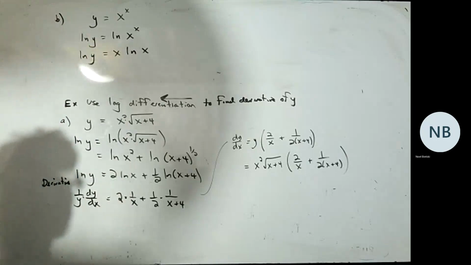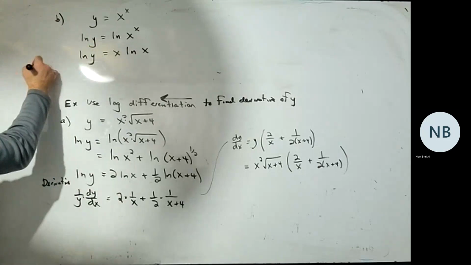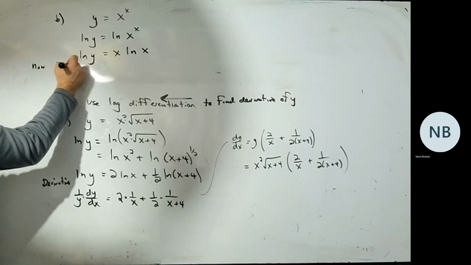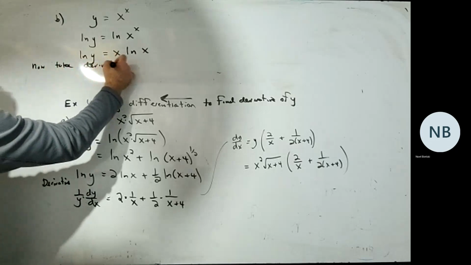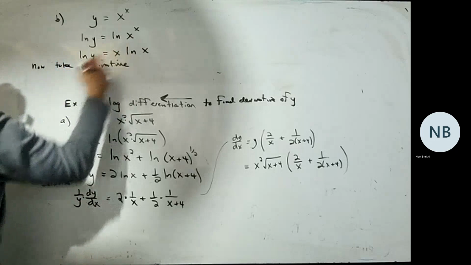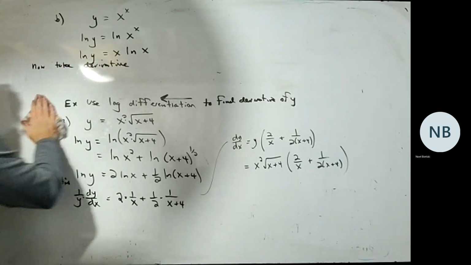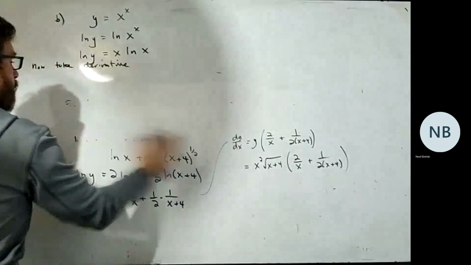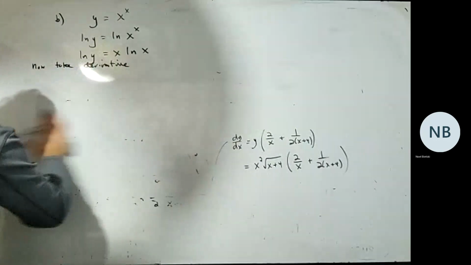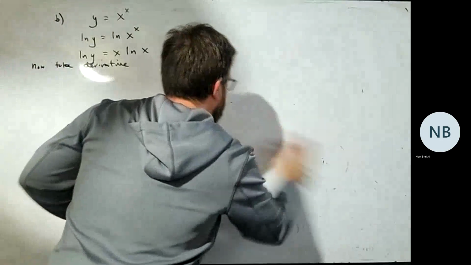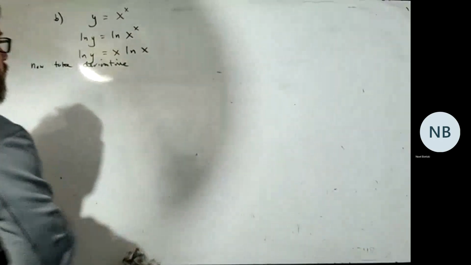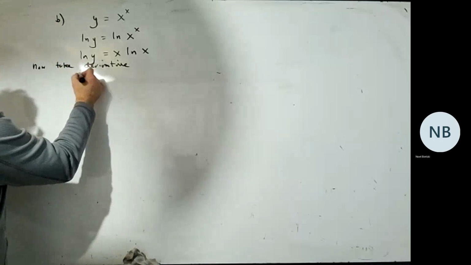Now this is expanded. It's as far as we can take it. So now I can take the derivative. Taking the derivative of this side is the same as we just did before.